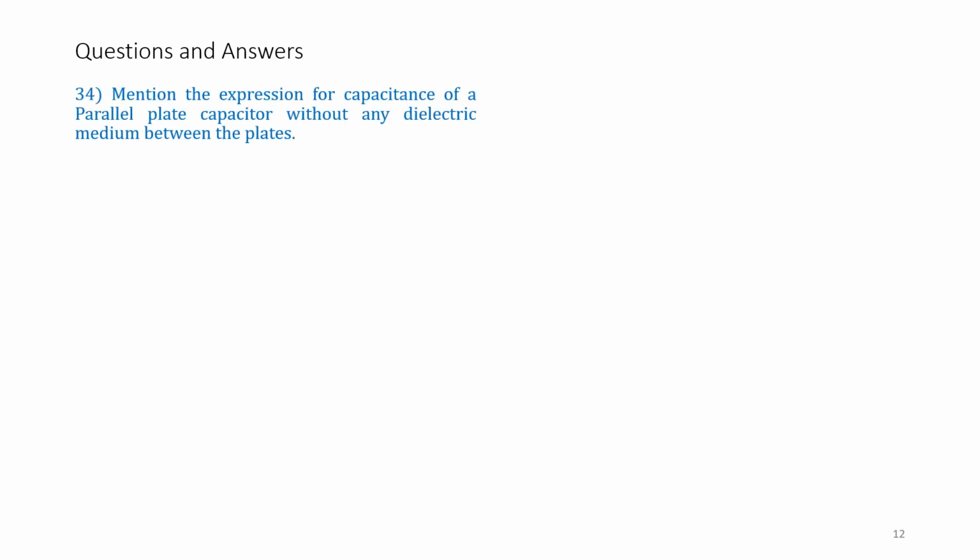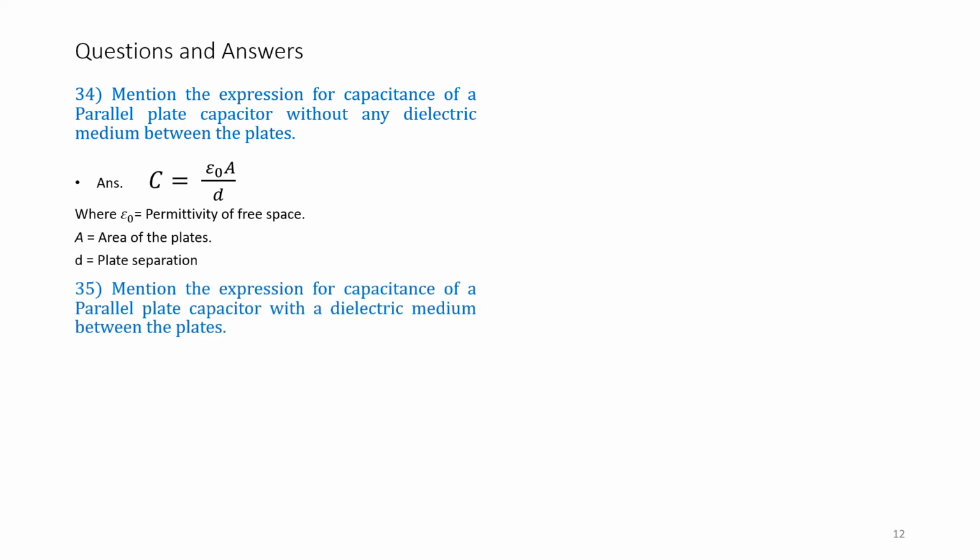Question number 34. Mention the expression for capacitance of a parallel plate capacitor without any dielectric medium between the plates. So it is given by simply, as we derived in the earlier question, question number 33, C is equal to epsilon naught A by D. So epsilon naught is the permittivity of free space, A is the area of plates, D is the separation.